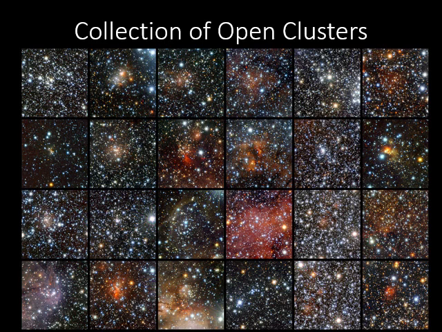So before we get into the science of things, I just wanted to show you a really nice collection of open clusters. Each one of the squares here is an individual open cluster. These are in all different regions of the sky, but we've collected them all together into one slide just to give you a nice sense of what they might look like. In each case, you can see stars of various colors. Generally, the colors will give you a sense of the sizes.